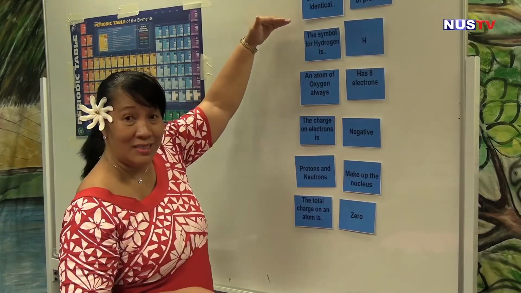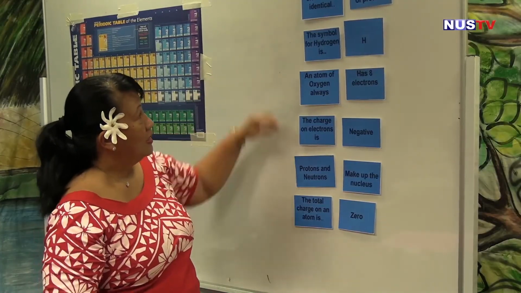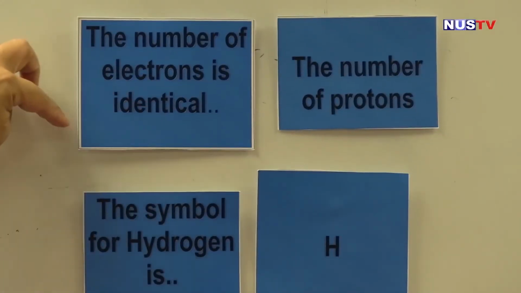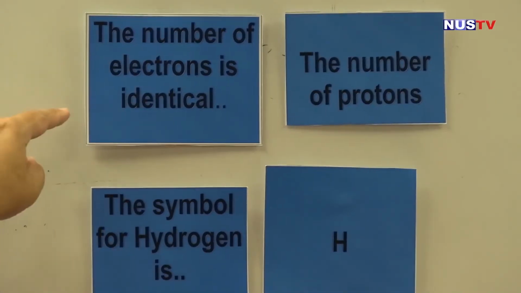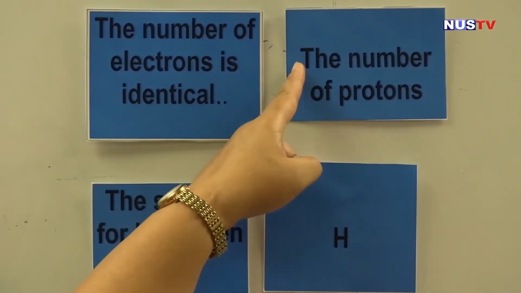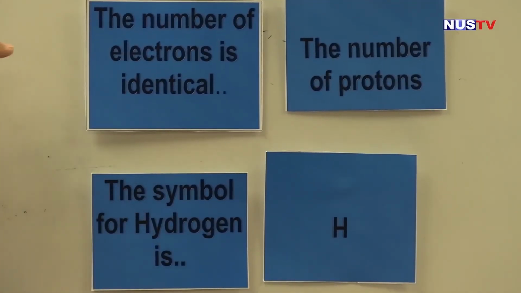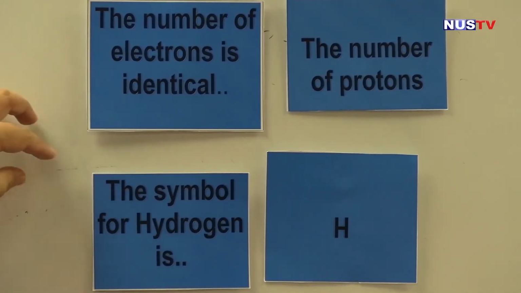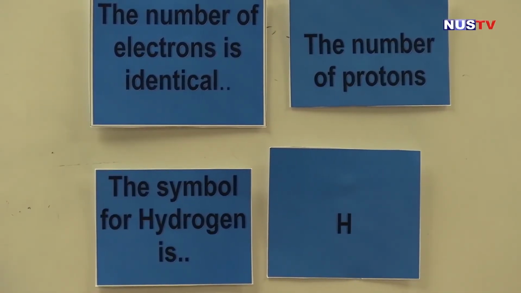We now have 6 sentences. Right? The number of electrons is identical to the number of protons. I apologize for that. I missed the 2 over here to complete this English sentence, but it should be: the number of electrons is identical to the number of protons.